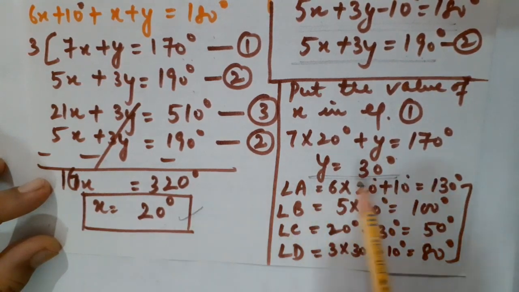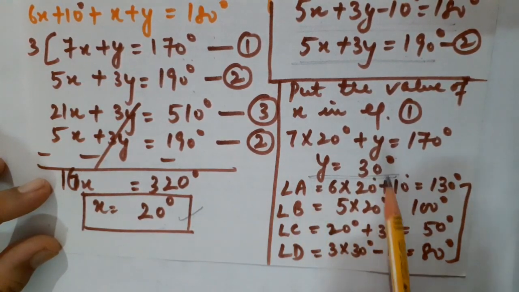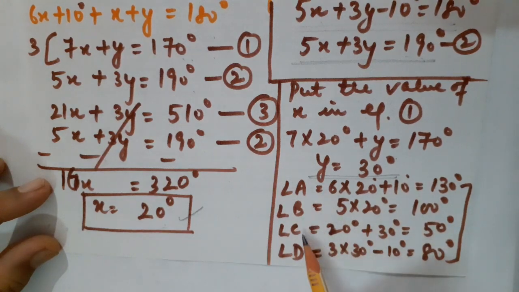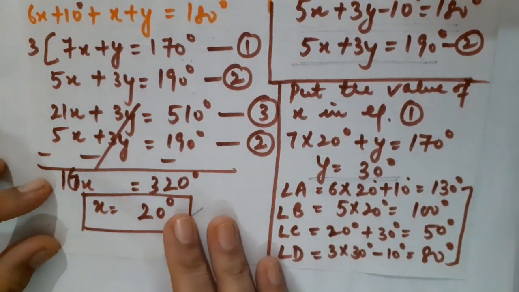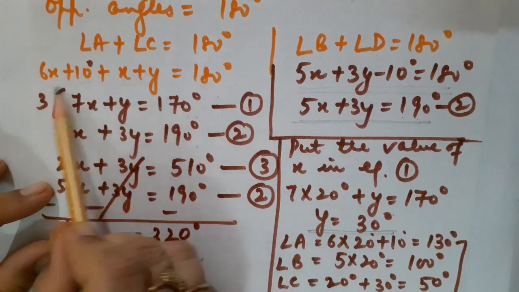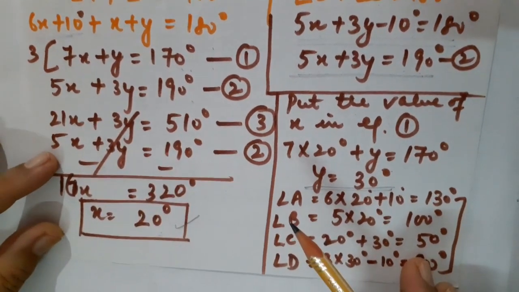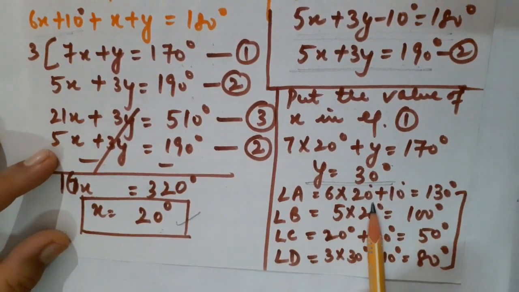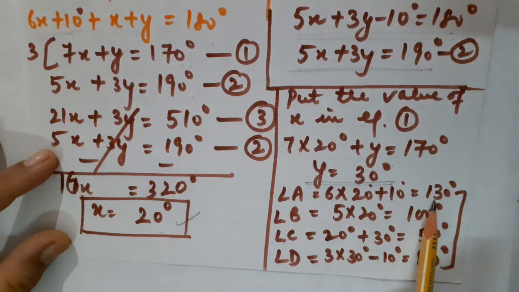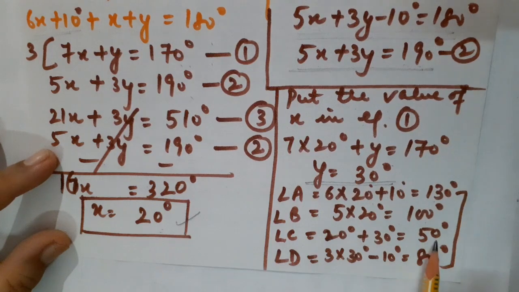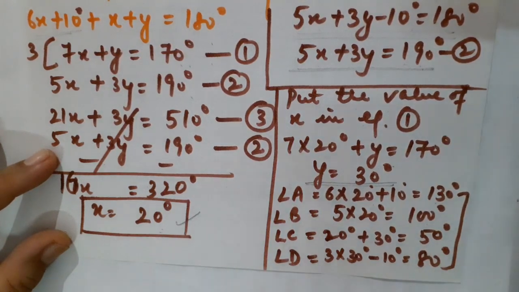After getting the values of x and y, I will have to calculate the values of angles A, B, C and D. Angle A, you know, was equal to 6x plus 10. So substitute the value of x over here. So angle A is equal to 130. Angle B is 100. Angle C is 50 and angle D is equal to 80 degrees.